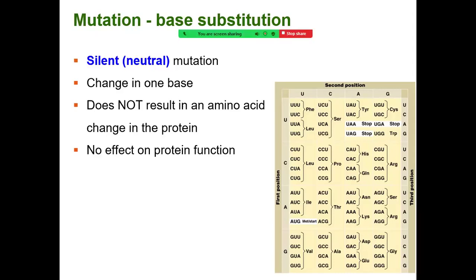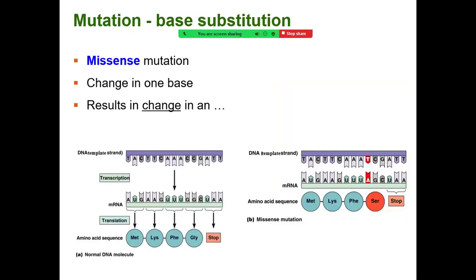Any question about any of that? All right, there's a missense mutation, and I've kind of already talked about it, because the brown-eyed allele, which was what all people in the world were until the blue-eyed allele mutation occurred 10,000 years ago in Northern Europe, was a base substitution that was a missense mutation.